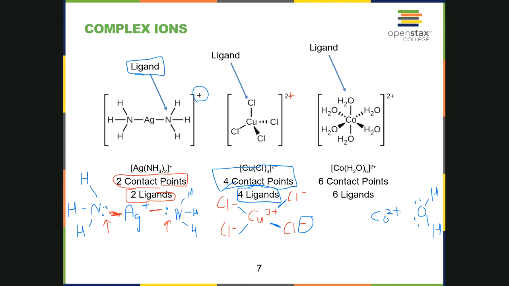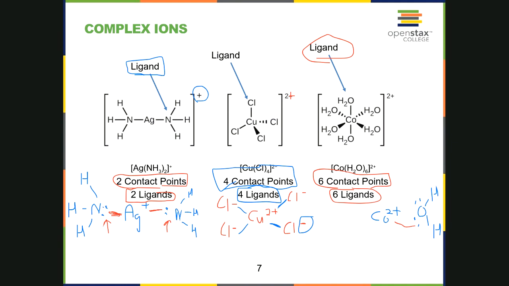So one of those could form a coordinate covalent bond with the cobalt. Now you notice that you got 6 ligands, 6 water molecules, and each water molecule has a pair of electrons that are available. Now it actually has 2 pairs, but because of the geometry, only one of those pairs is going to be available to use. So that's going to give you 6 contact points.